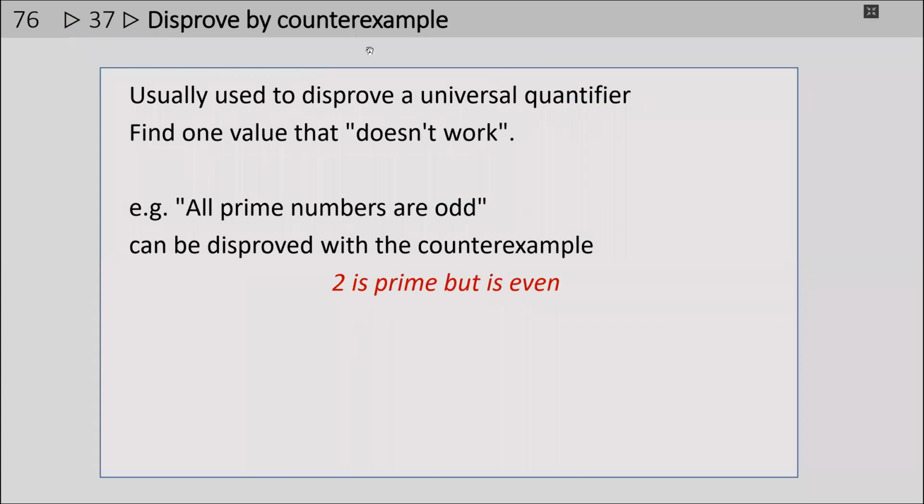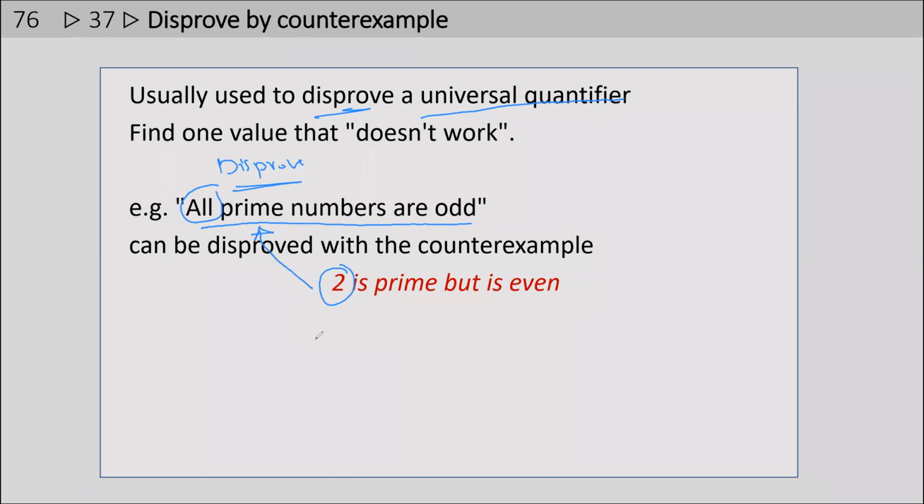طب disprove by counter example ده عكسها، ان انا عندي universal quantifier انا would like to disprove ان الuniversal quantifier ده موجود. universal يعني ايه؟ all اللي انا لسه قايلها من شويه. would like to prove that all prime numbers are odd. disprove it يا شباب. يعني ايه disprove it؟ يعني قول لي ان الستيتمنت دي مش صح. it doesn't work for all prime numbers to be odd. يعني ايه؟ اديني بس one example so that it violates اللي انت عاوز تثبته.